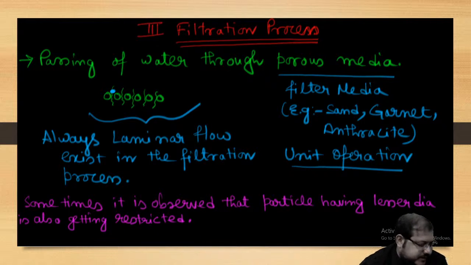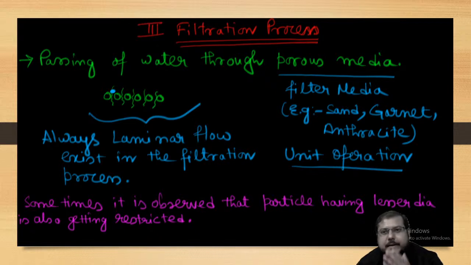Just a recap of the slides where we have gone through the filtration process. What is filtration? It's nothing but the passing of water through the filter media, or porous media.